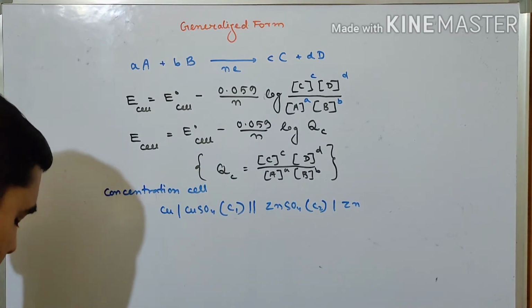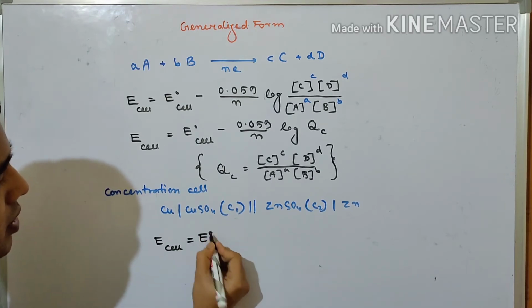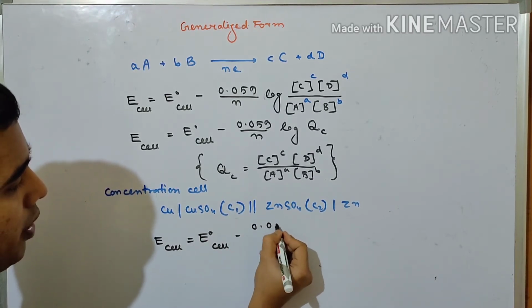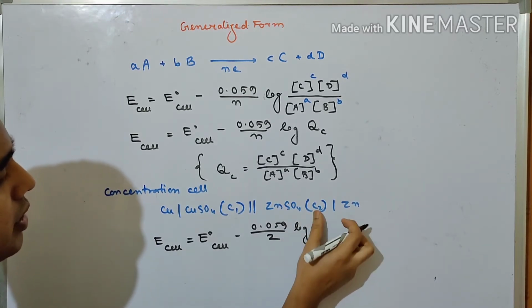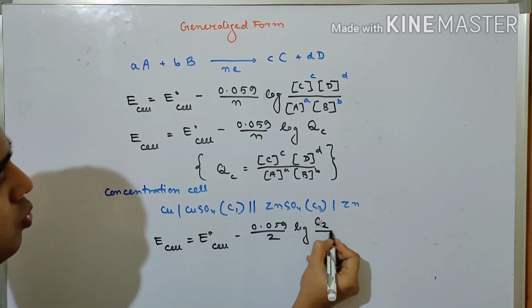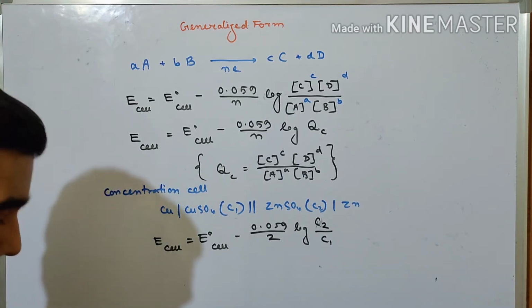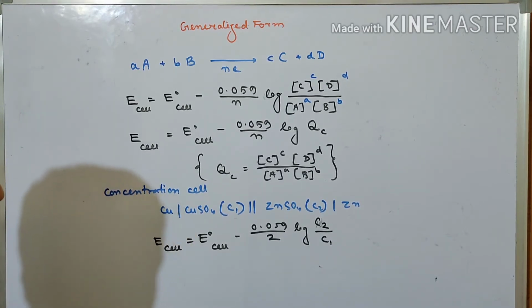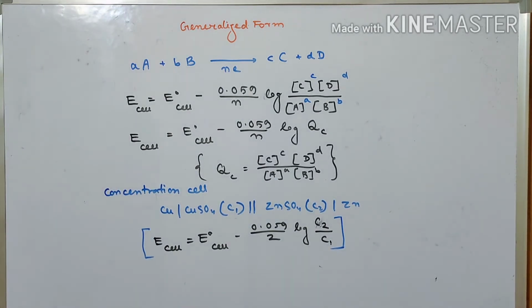Then we should be able to write E cell is equal to E0 of cell minus 0.059 by 2 in this case log of, directly we should be able to write C2 by C1. So this is how the concentration cell will look like, and directly we can put the formulas to get the answer. So we are going to see some problems related to that now. Copy it down.